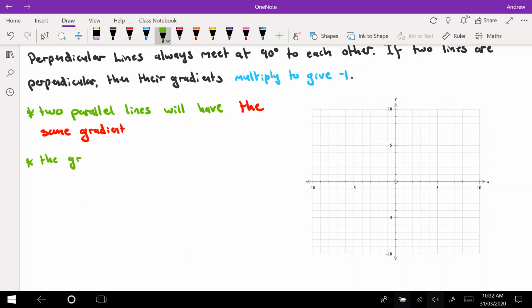The gradients of two perpendicular lines multiply to give -1.